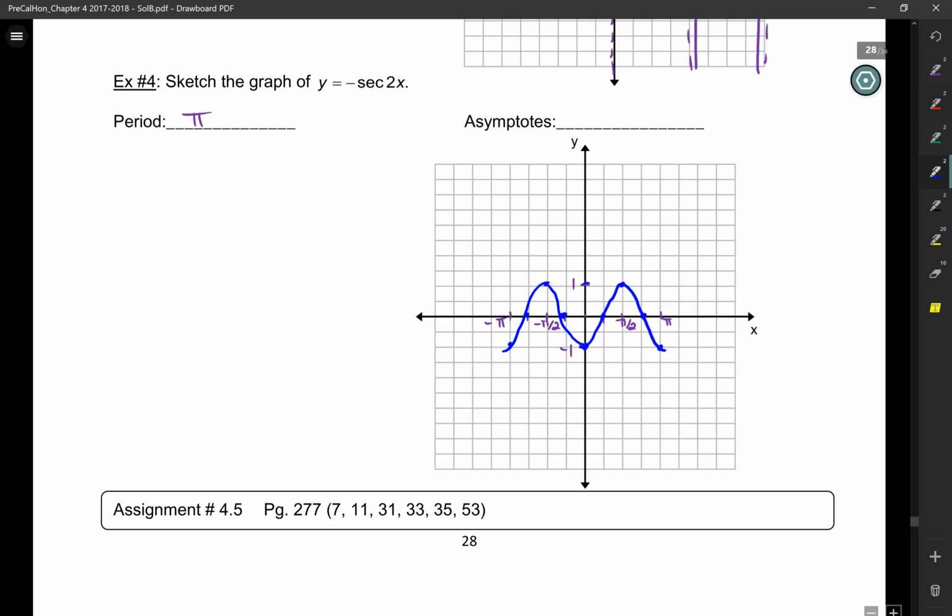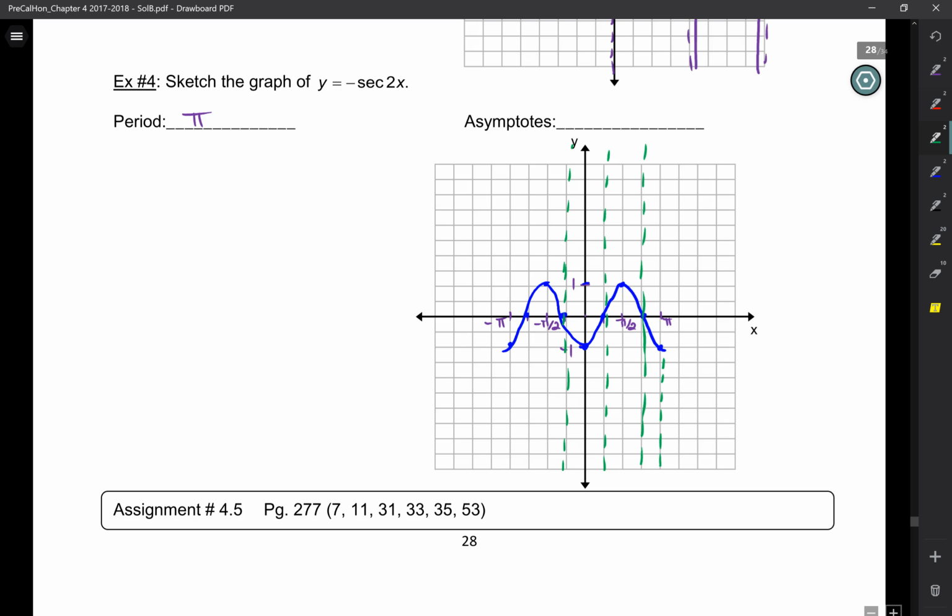Okay. Now let's do asymptotes. I have an asymptote here. And here. And here. No, sorry, I missed one.